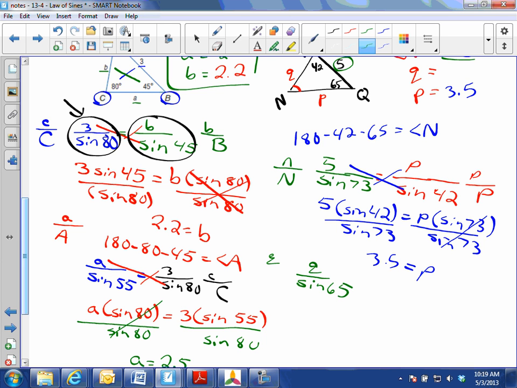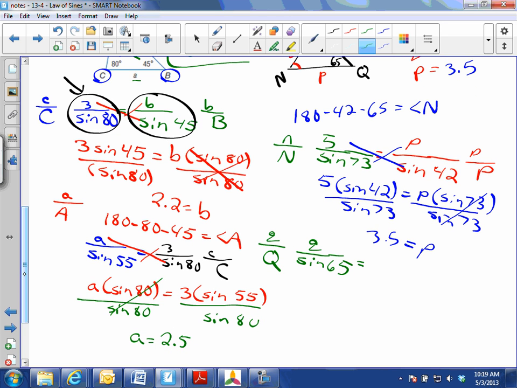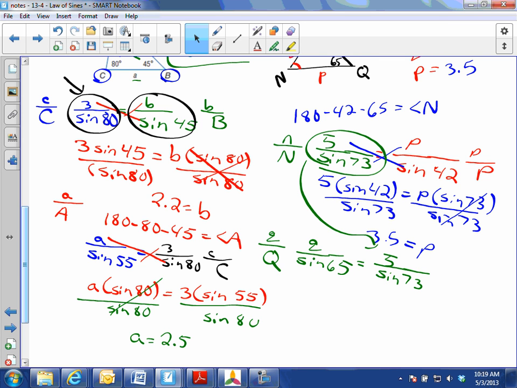This would be little q over big Q. And then like next thing, what are we going to set it equal to? Because we already know n over N, we can just use that same one. Bring it out here. So 5 over sine 73. Good. Multiply, just like we know.